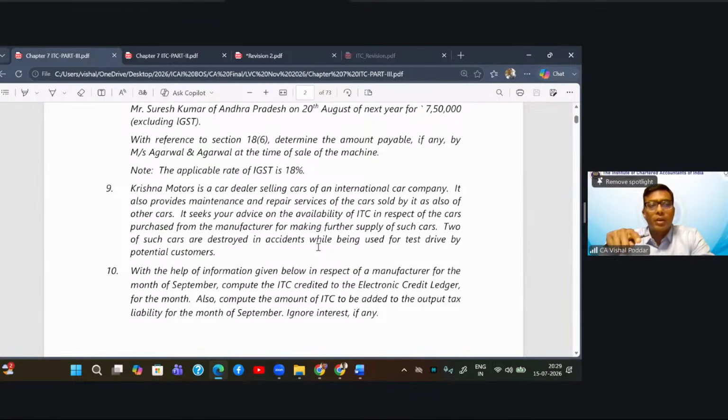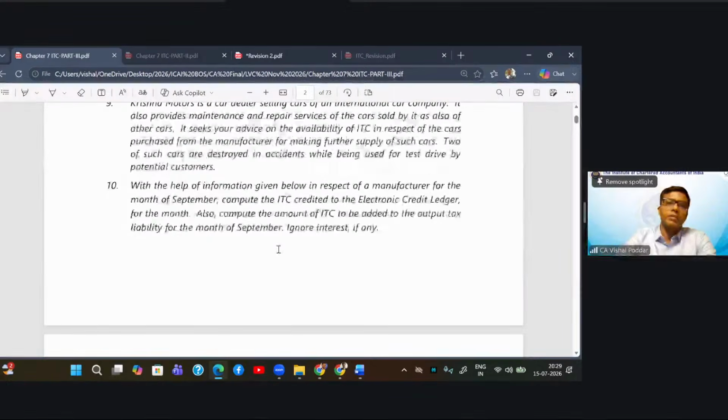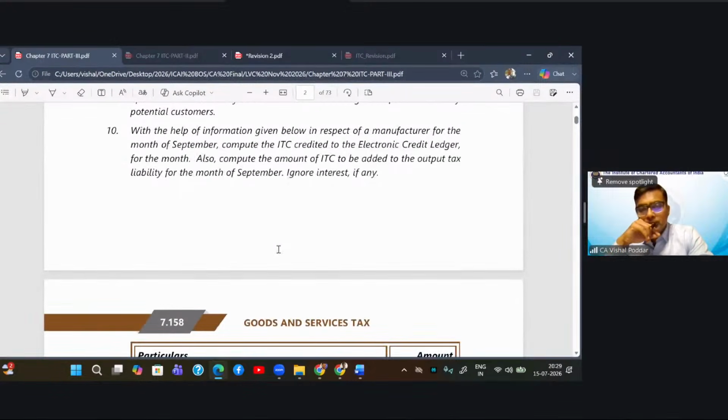So in this particular case, out of all the car purchases, which are otherwise eligible under 17(5)(a), these two cars, which are destroyed, will not be eligible for ITC, or in whichever month these two cars get destroyed, you should reverse the ITC as per 17(5)(h). So that is how you will deal with this particular question.